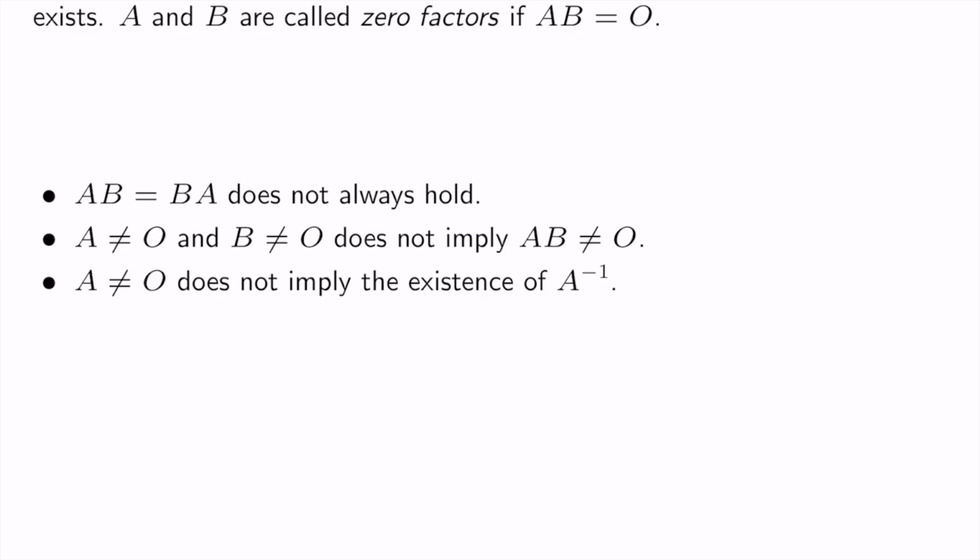And lastly, although we didn't discuss in detail, A not equal to a zero matrix does not imply the existence of A inverse. In ordinary numbers like real numbers, we can always divide by a non-zero number, but that's not possible in matrix algebra. So, in matrix algebra, many aspects are similar to ordinary numbers, but some things are very different. For example, commutativity, zero factors, and division by non-zero matrices.